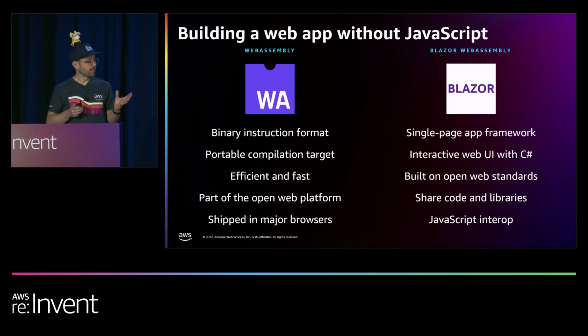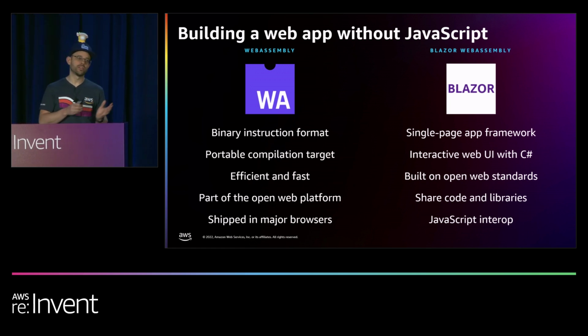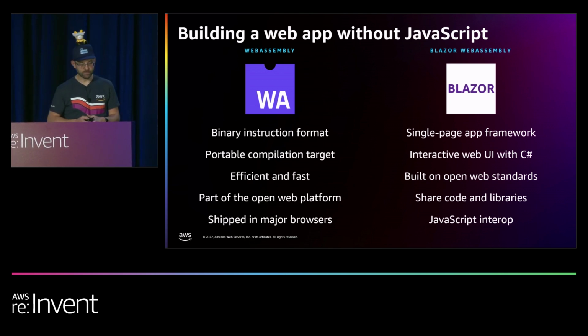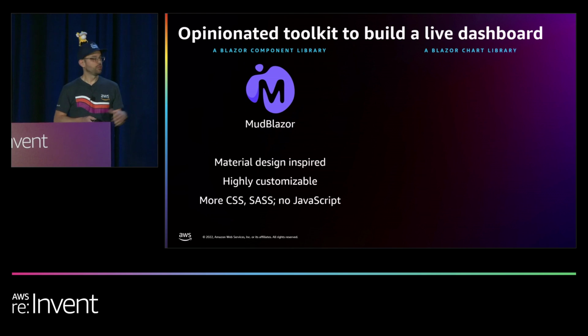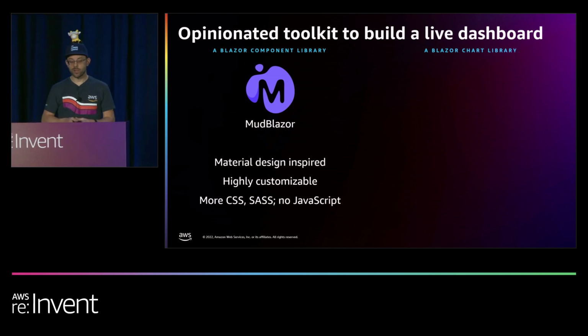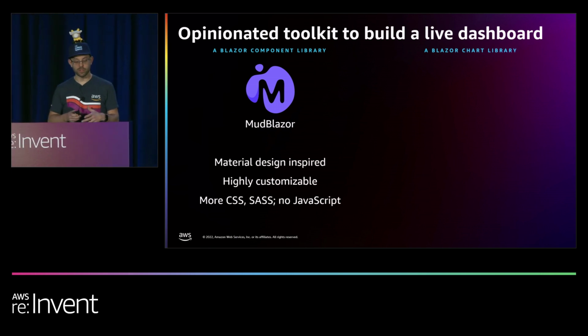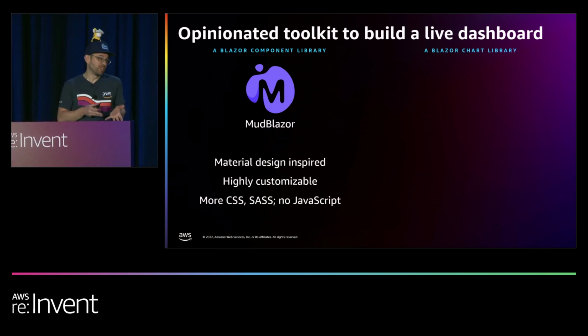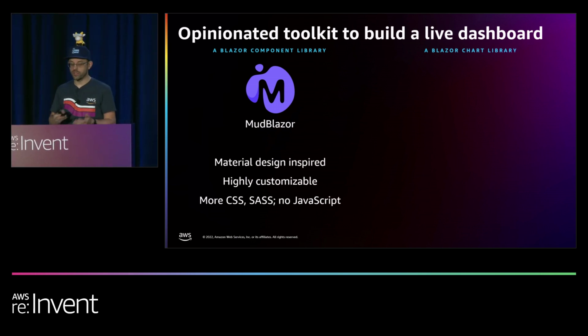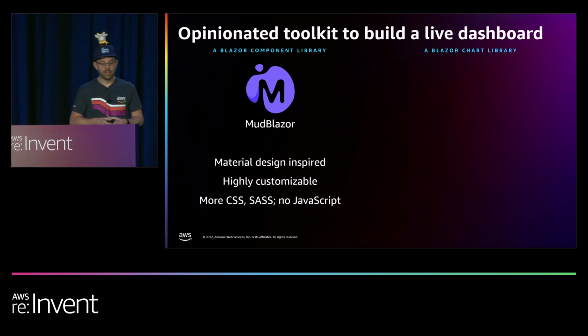And in case you miss something, you can leverage JavaScript interop to fall back to JavaScript libraries, for example. So to build our single-page application, we've used a Blazor component library because we didn't want to redesign every component by ourselves.